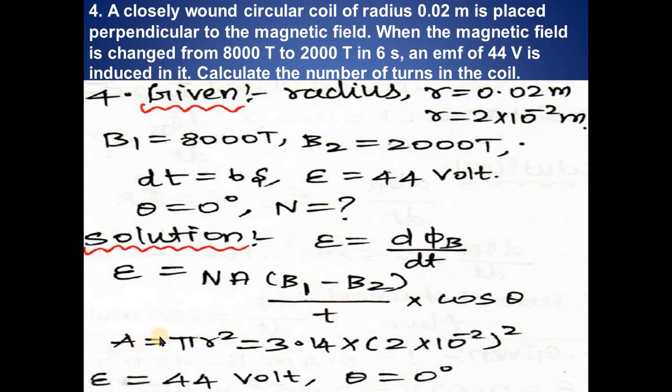Now the area of the circular coil: area of the circle is nothing but pi r square. Pi means 3.14 into r square value. R value is 2 into 10 power minus 2. Here 2 into 10 power minus 2, the whole square, is nothing but 4 into 10 power minus 4. So epsilon value is 44 volt, theta value is equal to 0 degree.